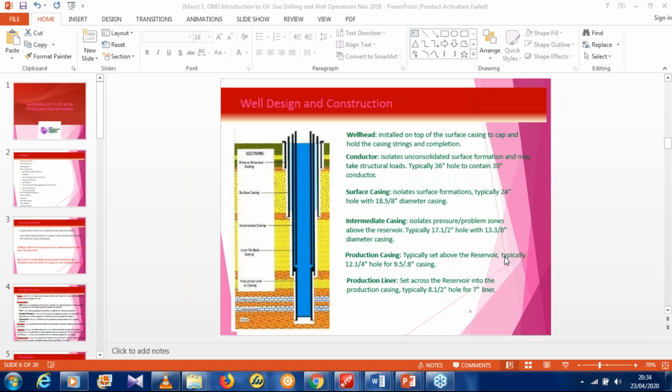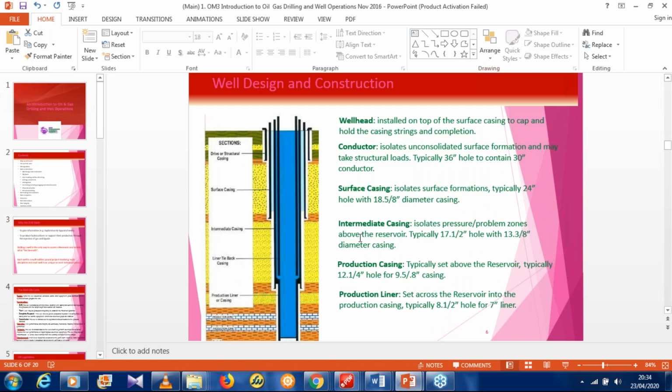This is more like what it looks like, the casing and all. These are the casings that you have during drilling. You have the wellhead installed on top of the surface casing to cap.